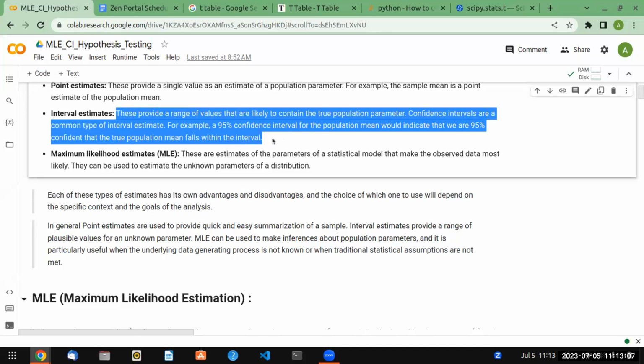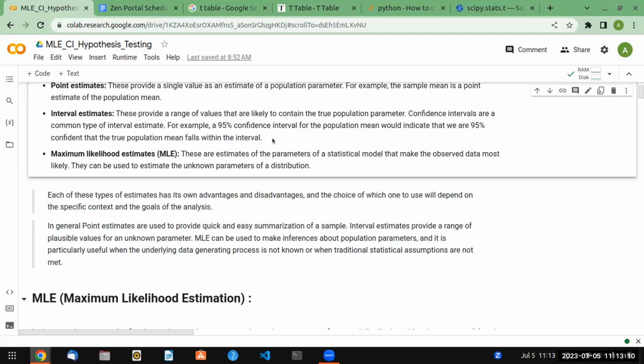Okay, so for point estimate, for a small amount of data, we can use point estimate. For interval estimate, we can use a huge amount of data, but still we need some understanding about our data. For the MLE, let's take the same example. I'm not sure this is correct or not, but in the case of MLE, I don't know how much data I have, like 10 million or 1 million.